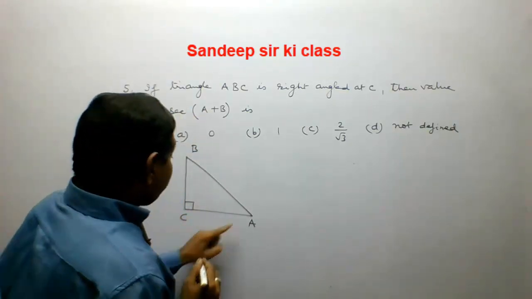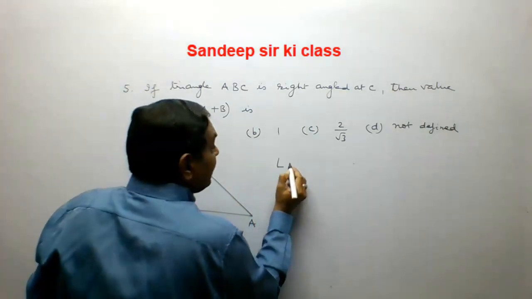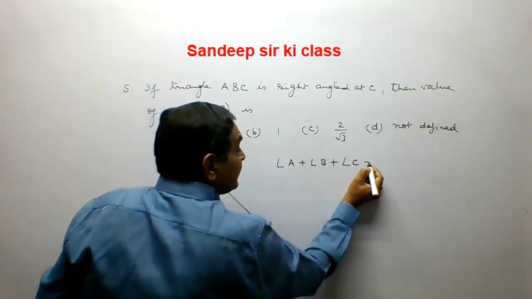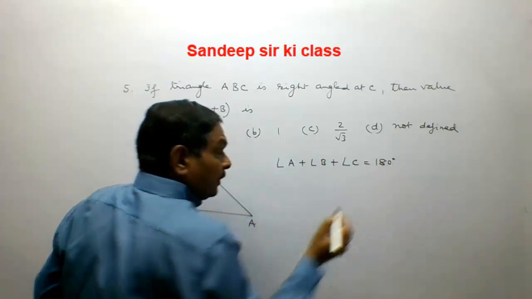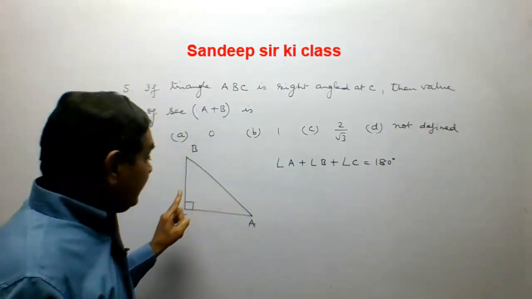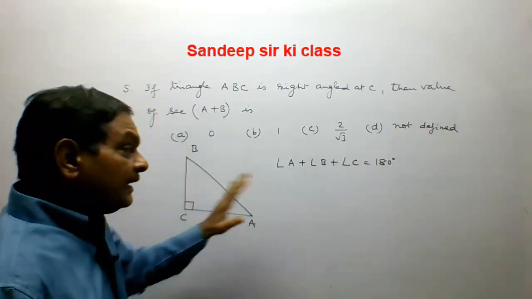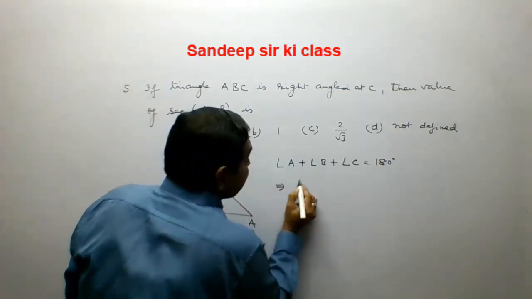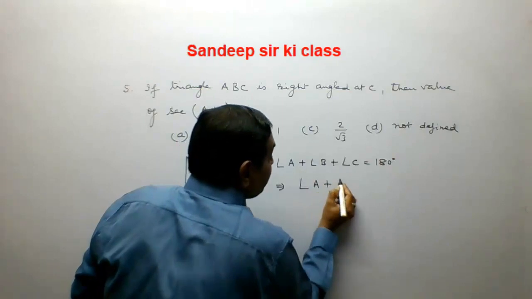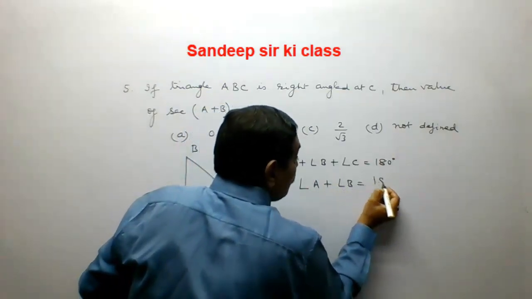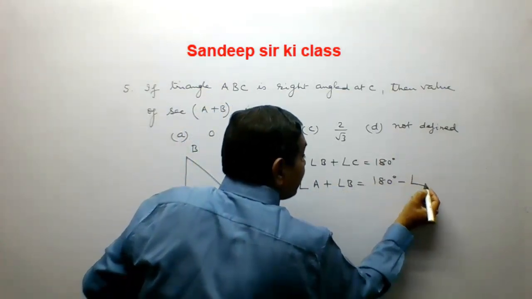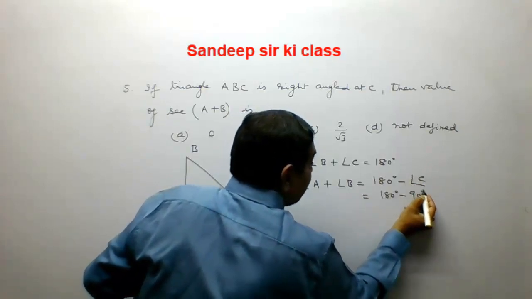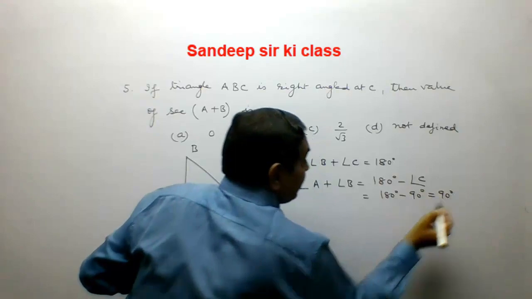Now from this triangle we can write angle A plus angle B plus angle C is equal to 180 degree, because the sum of the inner angles of a triangle is 180 degree. Angle C is 90 degree. So this implies angle A plus angle B is equal to 180 degree minus angle C, which is equal to 180 degree minus 90 degree, that is equal to 90 degree.